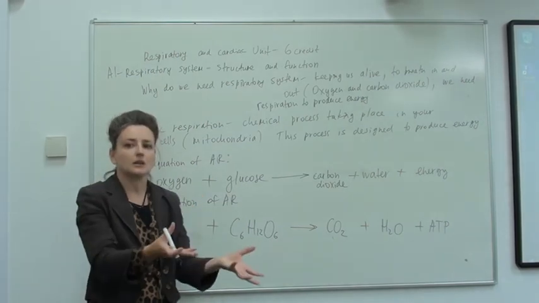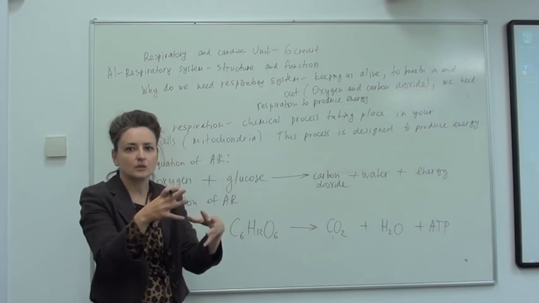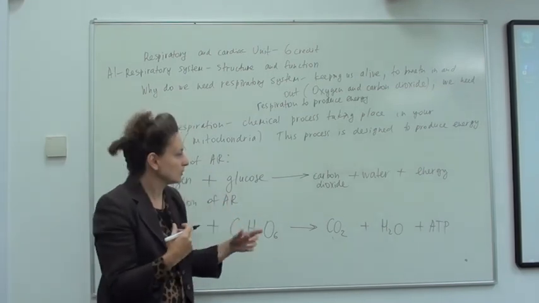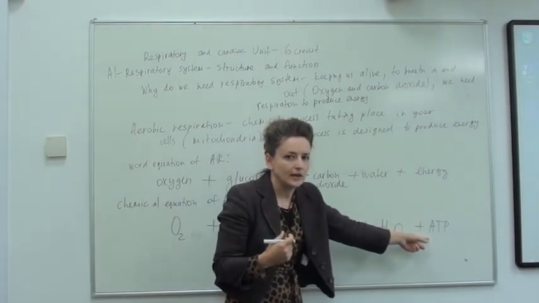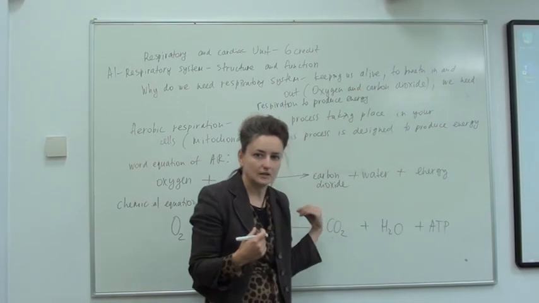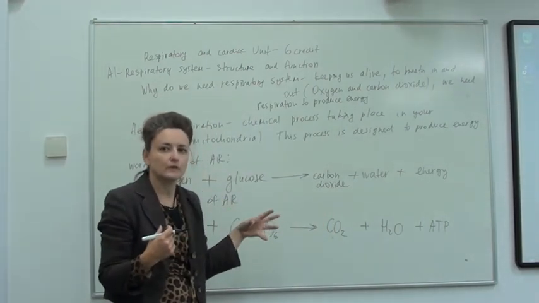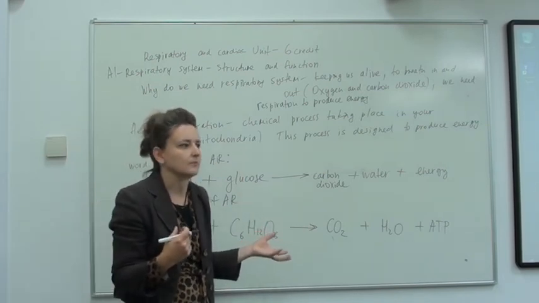Whatever you're putting in might get mixed around and converted somehow, but you're supposed to get the same amount back out. You might ask, what about ATP? ATP is just your rechargeable battery. It doesn't actually take any of the atoms with it. All it does is store the energy you're going to get as a result of this process.